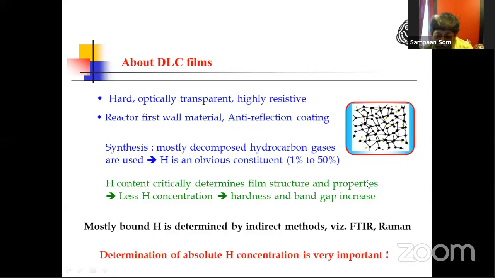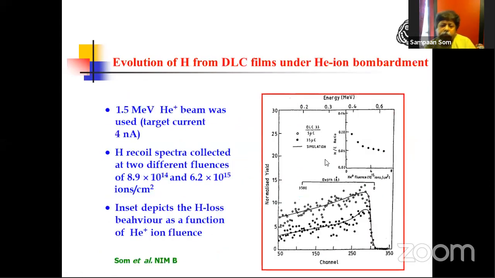Okay, next slide, please. Now we show you a real example of a DLC film being probed by a 1.5 MeV helium ion beam. This is the hydrogen spectrum. Hydrogen is pretty uniformly distributed in the sample. However, depending on the hydrogen content, we observed that hydrogen evolution can take place under energetic ion bombardment, which is nothing other than the probing helium beam.